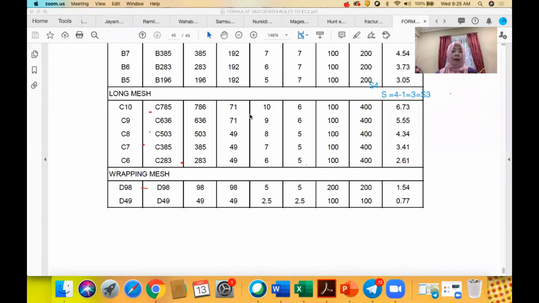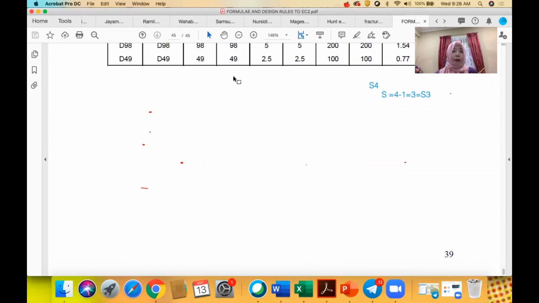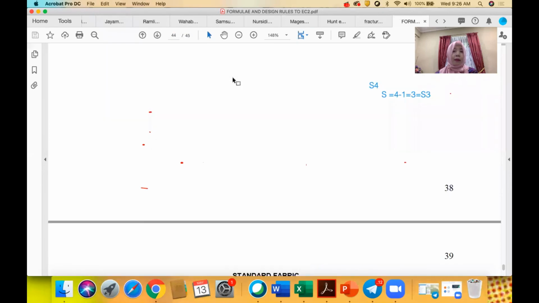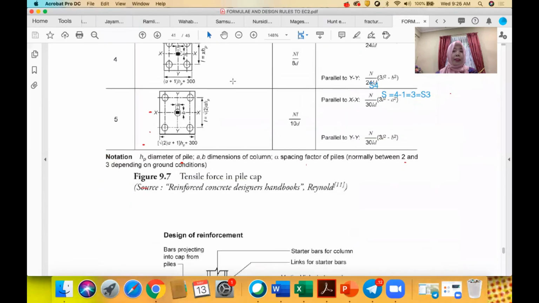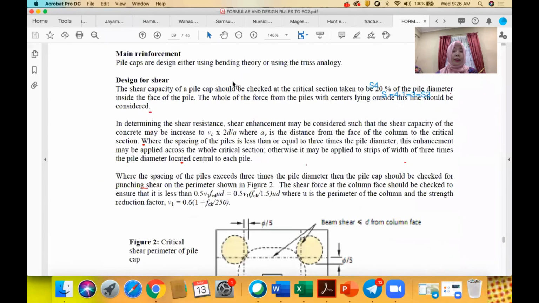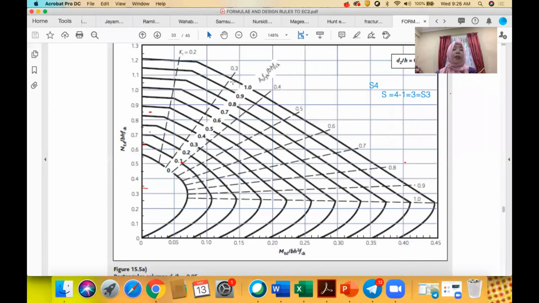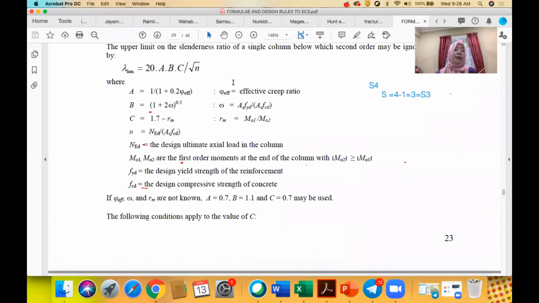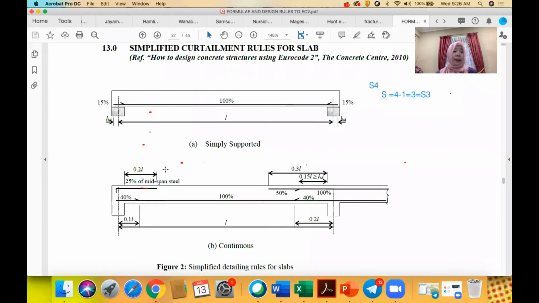Where is the simplified detailing? Yeah, we need to refer to the simplified detailing for the slab. Where is it? Yeah, all right. Okay.